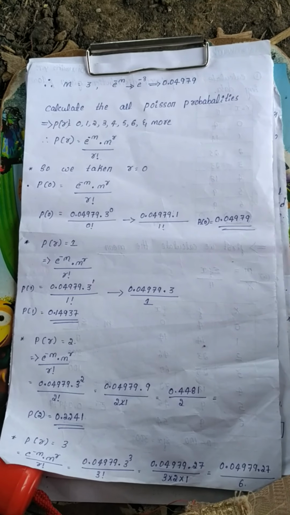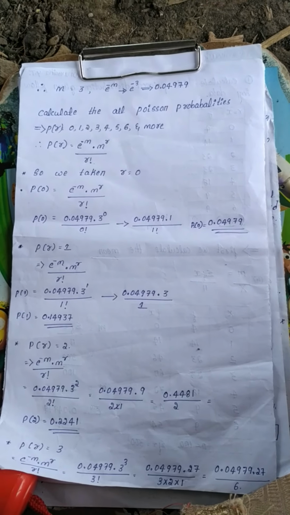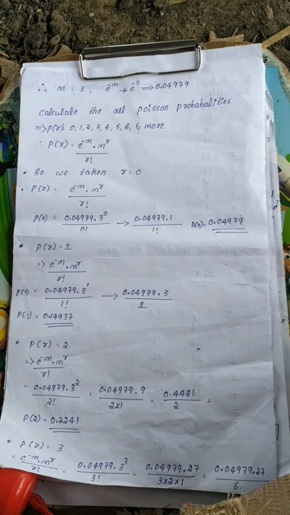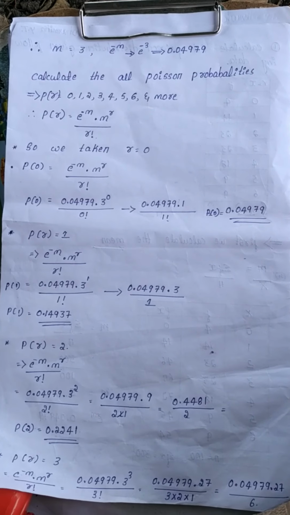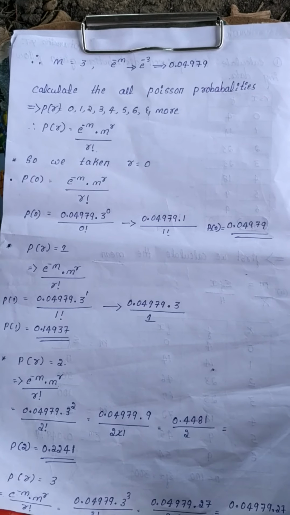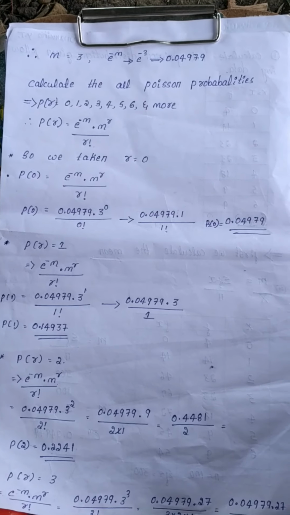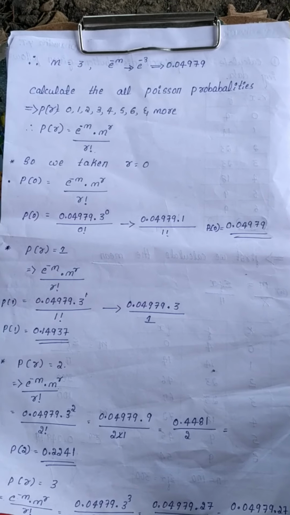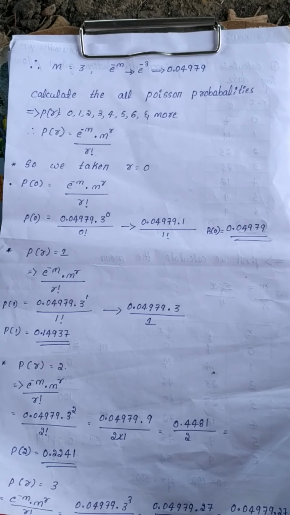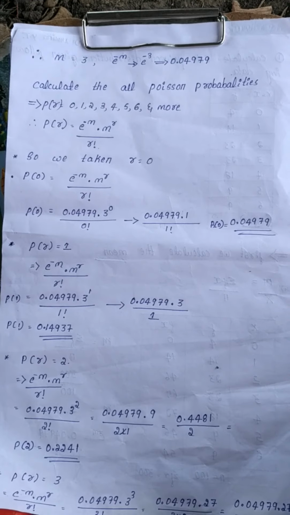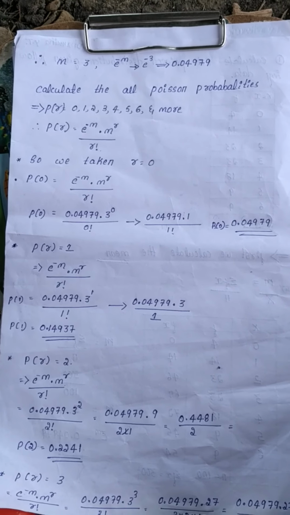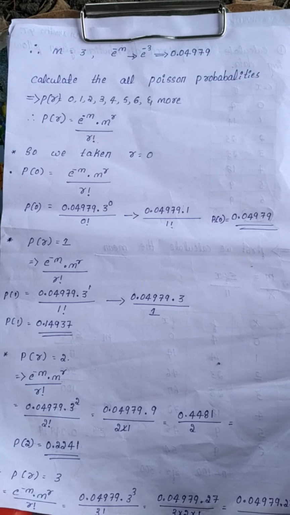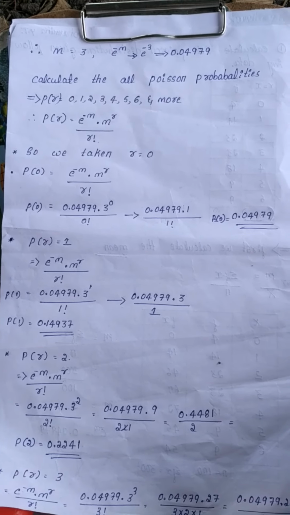Next we calculate the Poisson probabilities for r from 0 to 6. For the Poisson distribution the formula is e raised to minus m into m power of r, divided by r factorial.